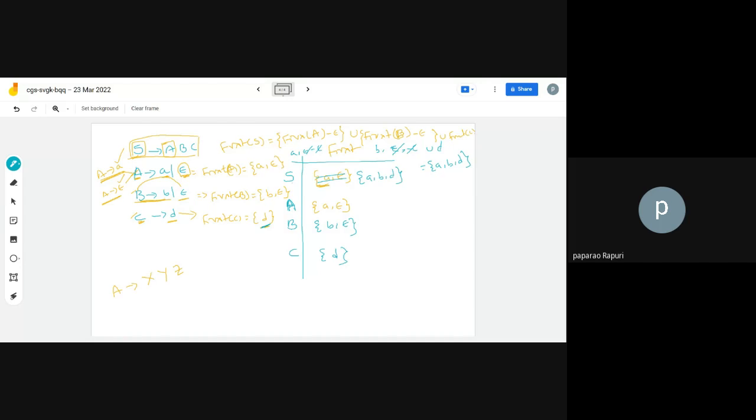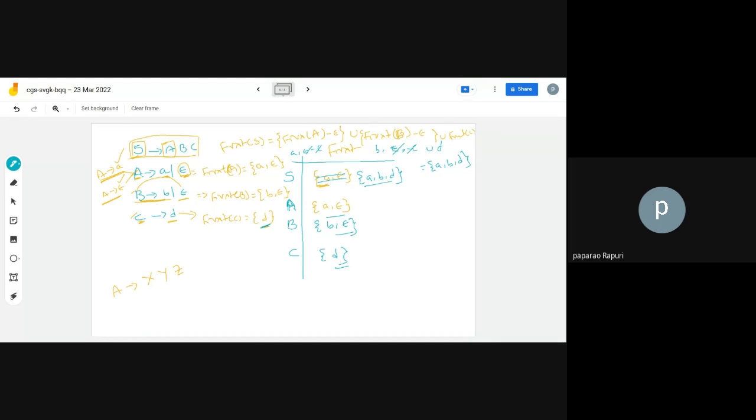So here S is there, capital A, capital B, capital C. For all these, we have written the first sets.